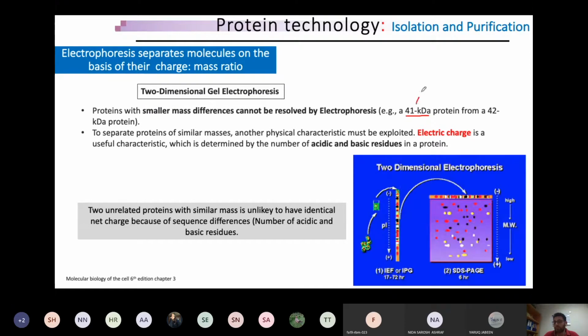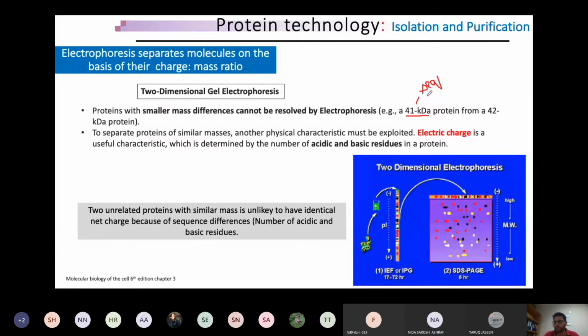So the sequence of these proteins might be different.